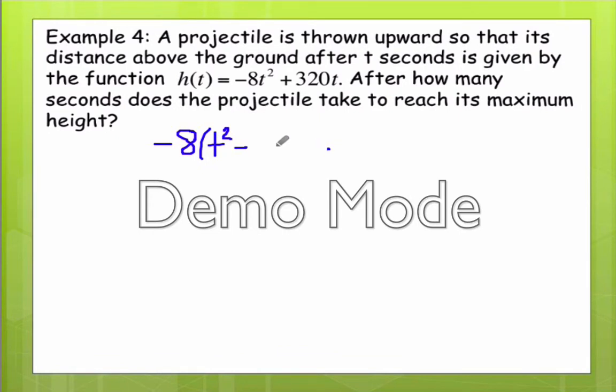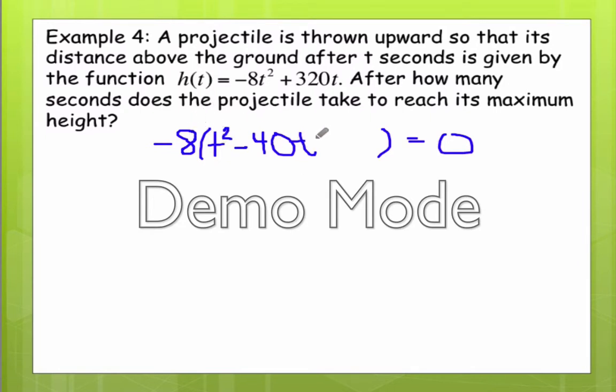So it would be t squared minus 40t. Leave a space, equals 0. There was no constant to move to the other side, that's why it's equal to 0. So -8t squared plus 320t.